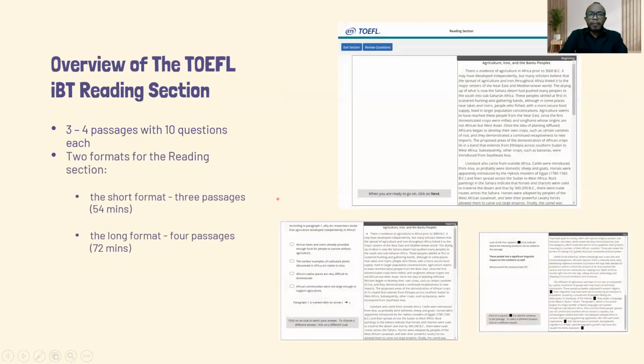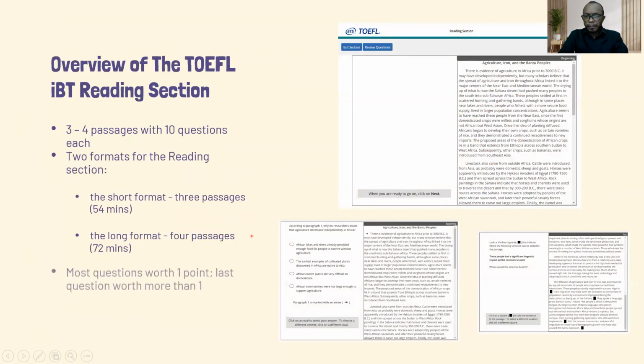And there are 2 formats of the reading section: the short format, which consists of 3 passages, and the long format will have 4 of these. And the timing, of course, will be different. The short one will be shorter, which is 54 minutes to be exact, and the longer one will be 72 minutes.